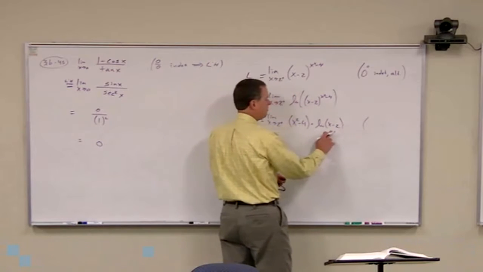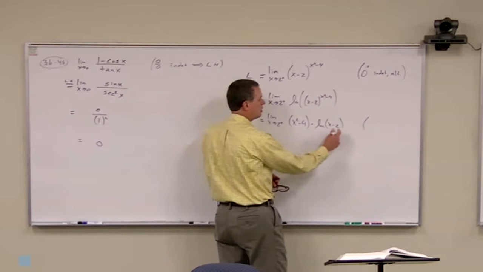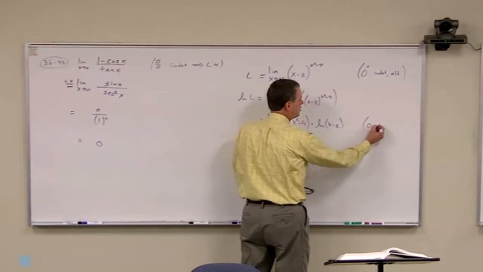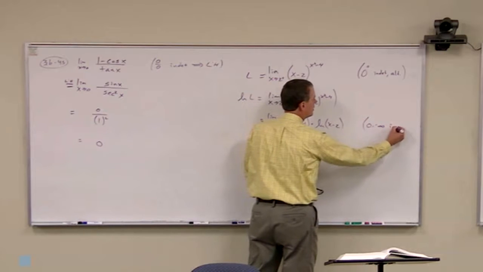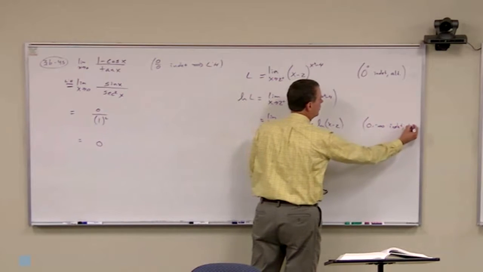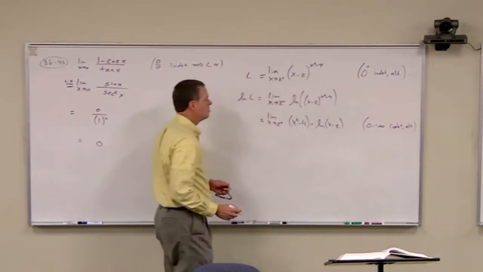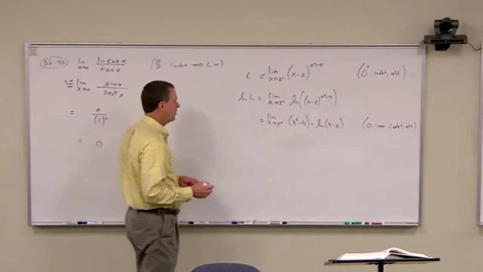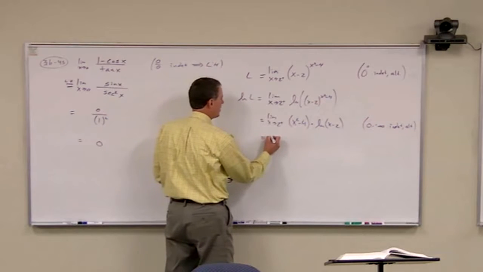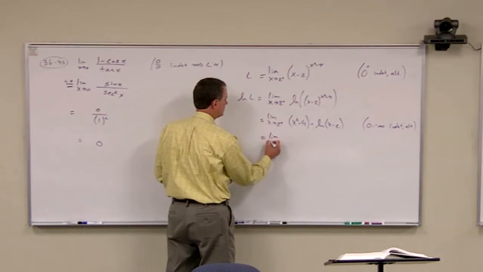And the logarithm of getting close to 0 is getting close to negative infinity, which is still an indeterminate form. So I can't do anything with L'Hopital yet, but I can rearrange it so that I can do L'Hopital.